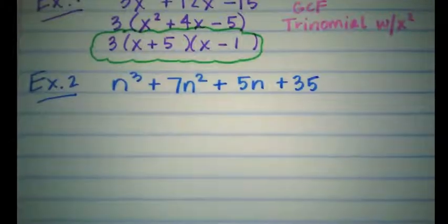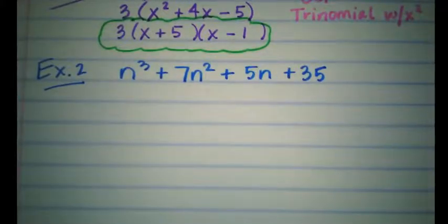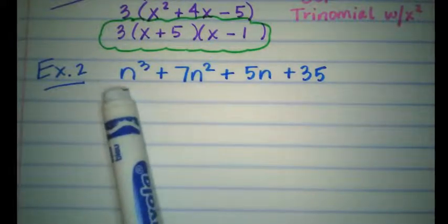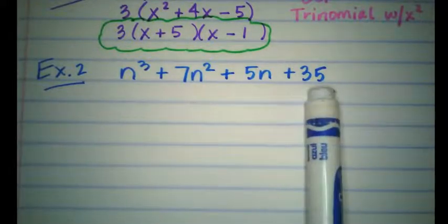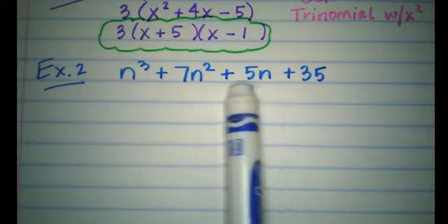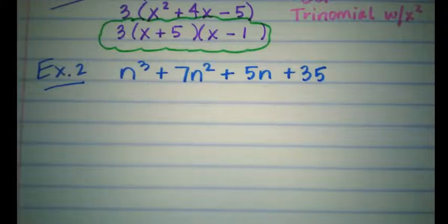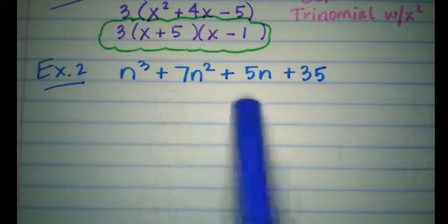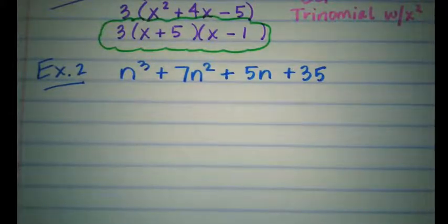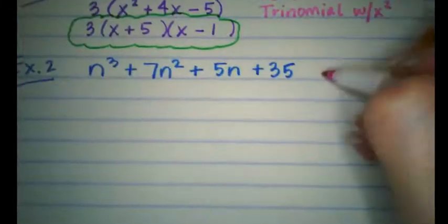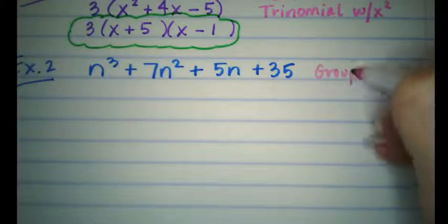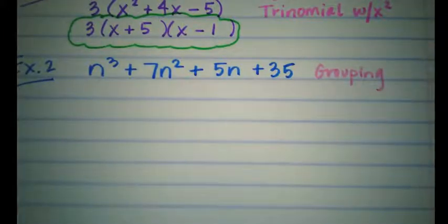All right, so first thing we always do is check for GCF. If you scan this, I see some n's but not in all of them, and I don't see a common factor of a number between any of those, so there is no GCF. So I'm going to move on. I count 4 terms, so that means that I need to use grouping to factor this problem.